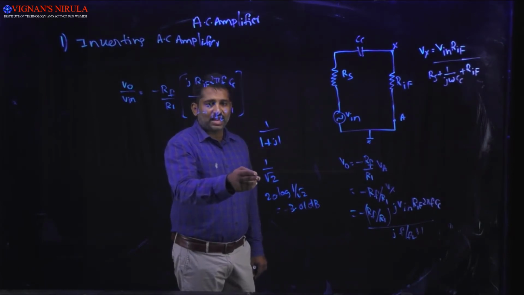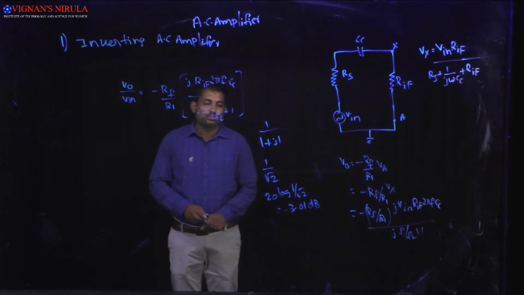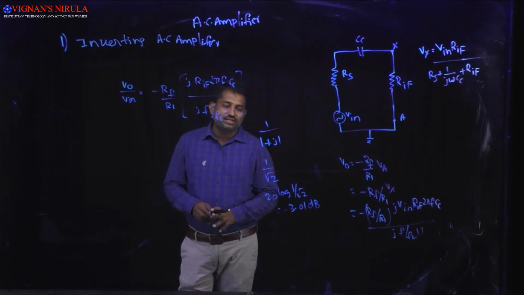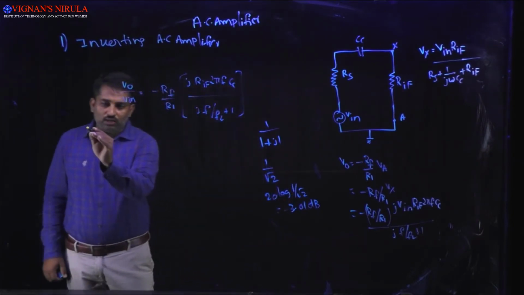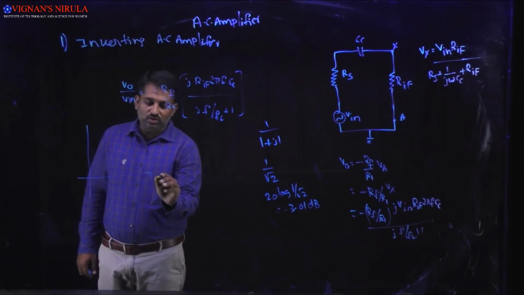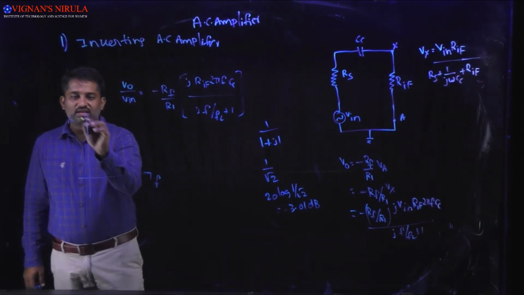Then if you calculate the gain, the 20 log of 1 by root 2 is equal to minus 3.01 dB. That's why we are treating it as a corner frequency or break frequency. If you are representing the frequency response, here I am taking frequency and here gain.